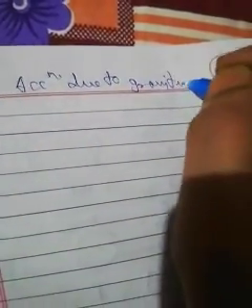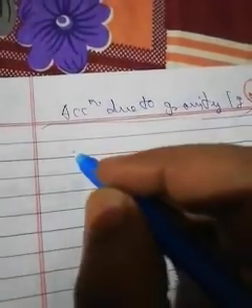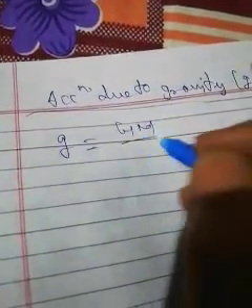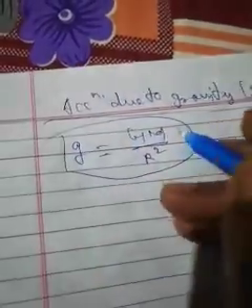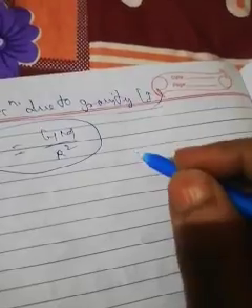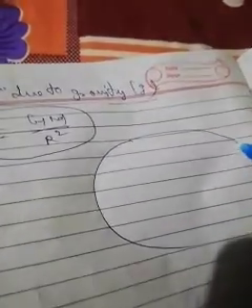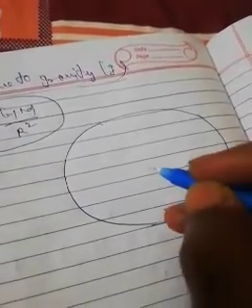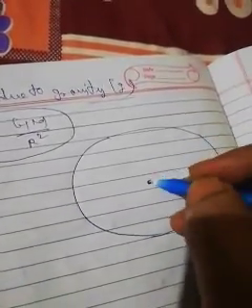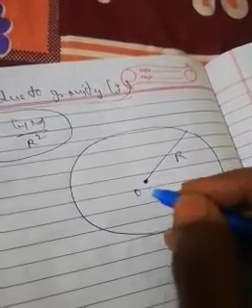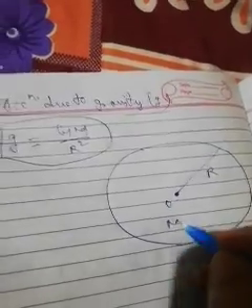Later on I explained acceleration due to gravity and how it varies. We got the expression g = GM by r square, where r is the radius of Earth and M is the mass of Earth.